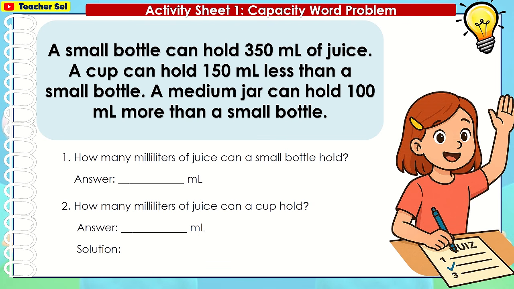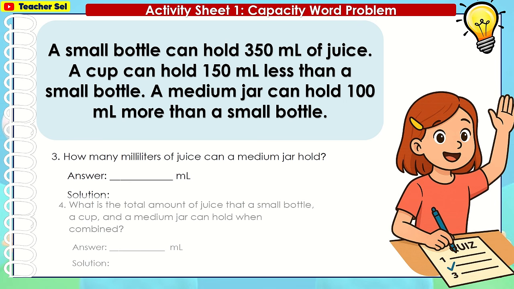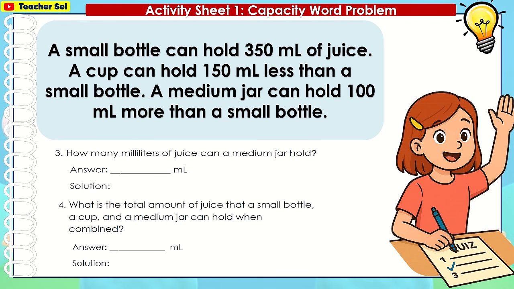How many milliliters of juice can a small bottle hold? How many milliliters of juice can a cup hold? How many milliliters of juice can a medium jar hold? What is the total amount of juice that a small bottle, a cup, and a medium jar can hold when combined?